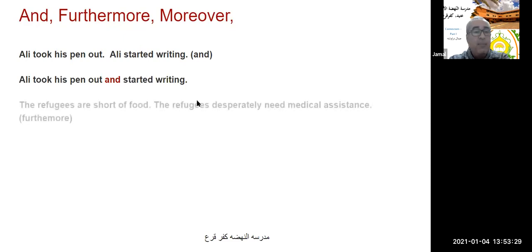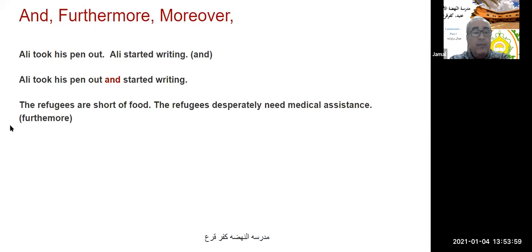Let's see another example. The refugees are short of food. They don't have enough food. The refugees desperately need medical assistance. They need someone to help them with health issues. So let's try to make these two sentences, which have two ideas, into one using the connector of addition furthermore.